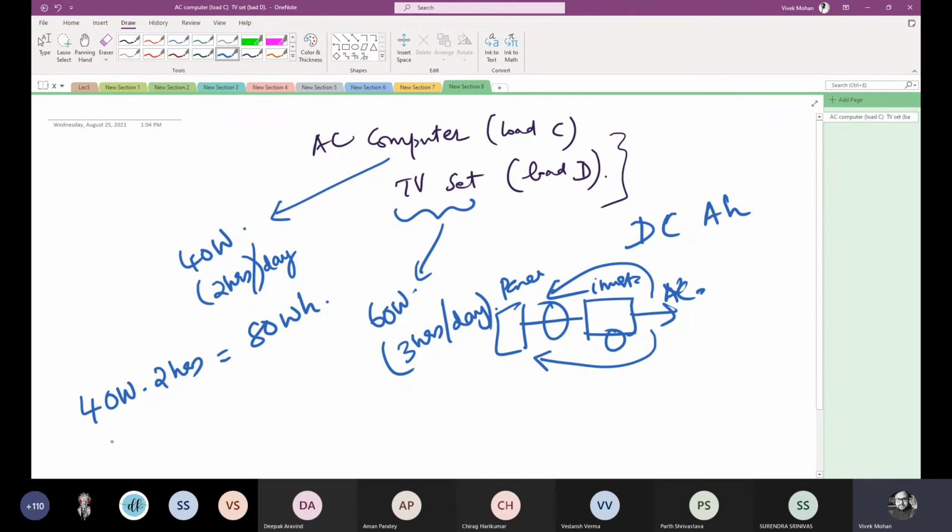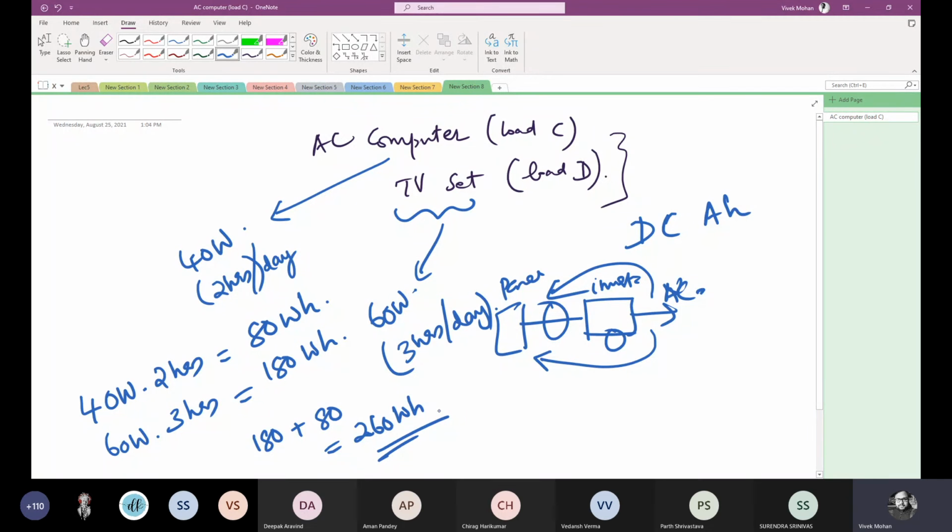Then for device D, that is the TV set, I have 60 watts as the rated wattage, and it works for 3 hours, which is equal to 180 watt hours. Now my total energy requirement is 180 plus 80, which is equal to 260 watt hours. So 260 watt hours is the AC energy requirement, that is at the output side of the inverter.